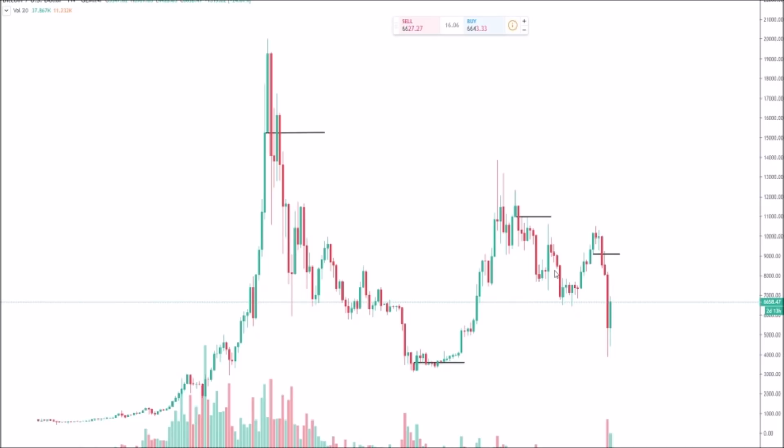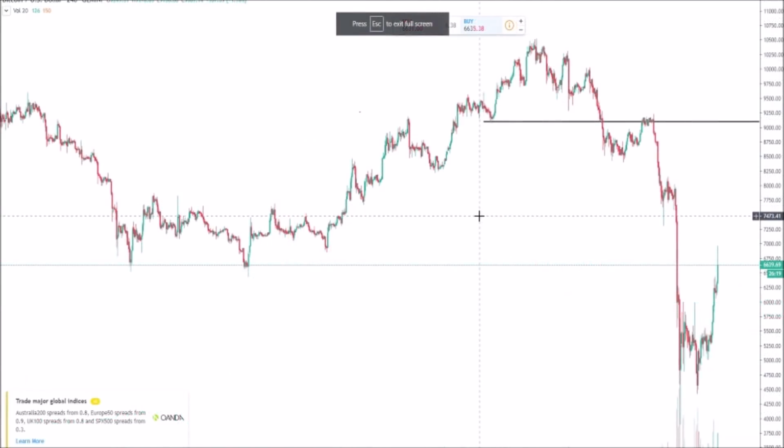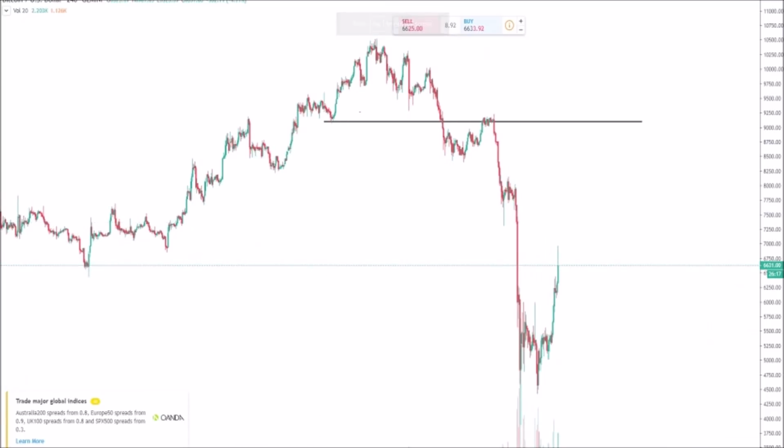So I'm going to delve down into the H4 here and show you how you can get into these trades. So we're in the H4 time frame now, and what I would look for, once we get this close below, so this is the close below on the higher time frames, I'm looking at the structure coming back to retest that.